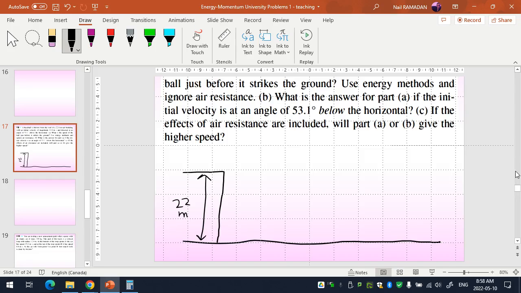Okay. And what was the elevation angle? 53.1. So I guess I'm just going to sketch just like this. And would it move straight up? What's the eventual motion of this parabolic arc? Perfect. Goes up and comes down.